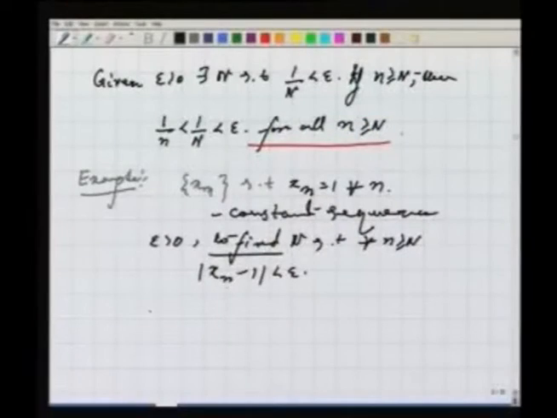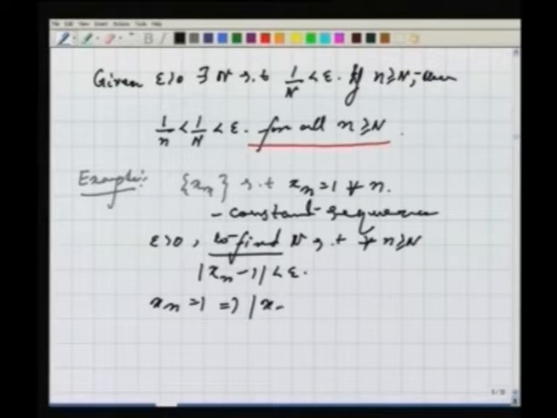In this case it is obvious, because all the xn's are 1. This implies that mod of xn minus 1 is anyway 0, so obviously less than epsilon. That means from the very first stage onwards this is happening. You do not really have to struggle to find out the stage. Well, this was an easy example. Let us go to another example.